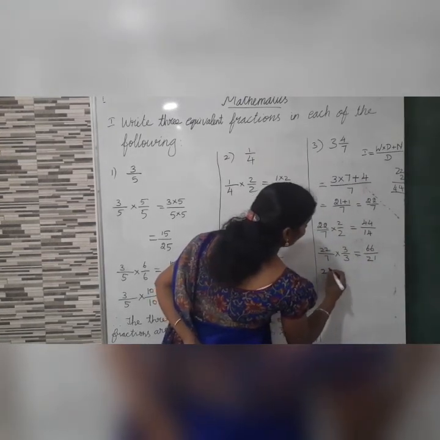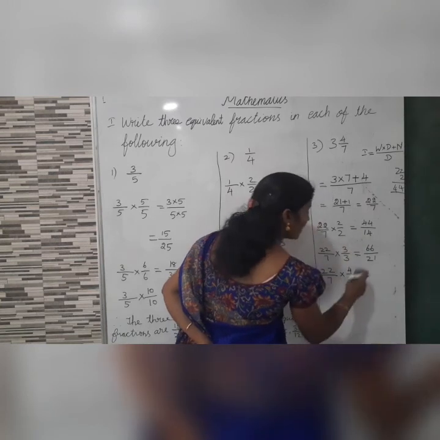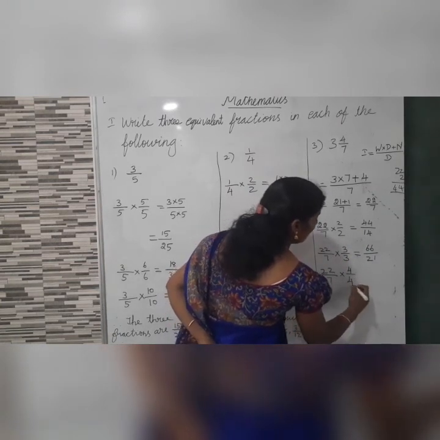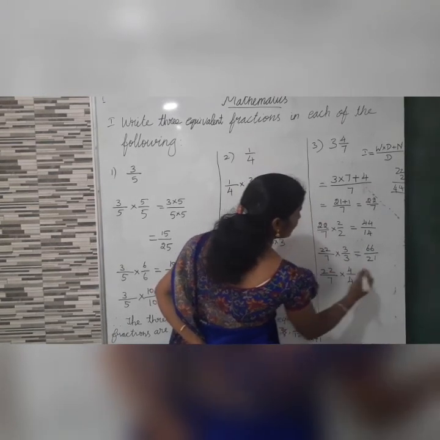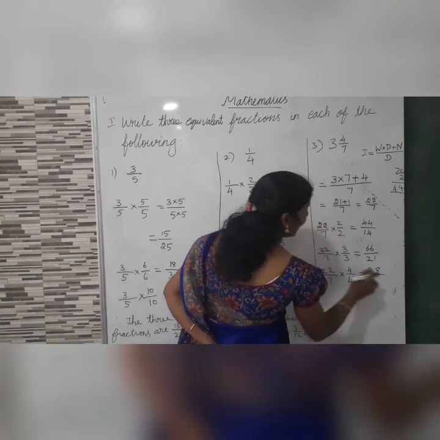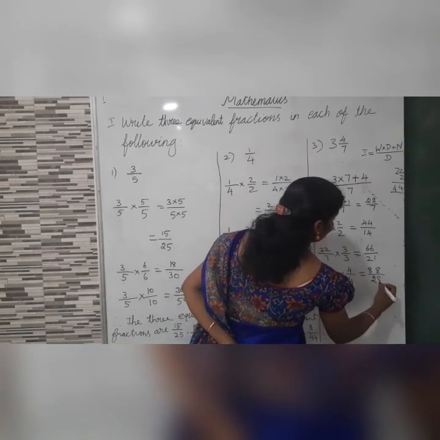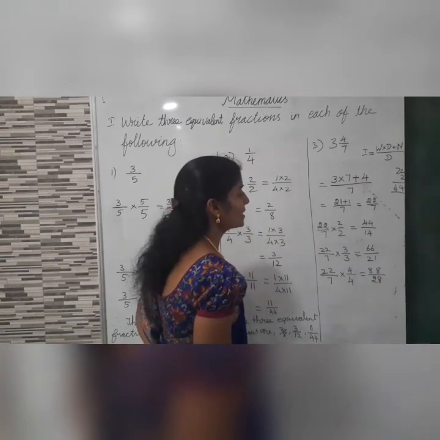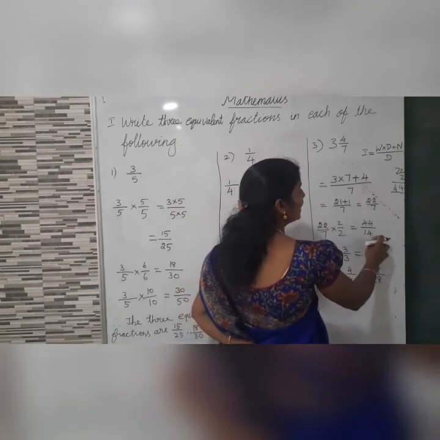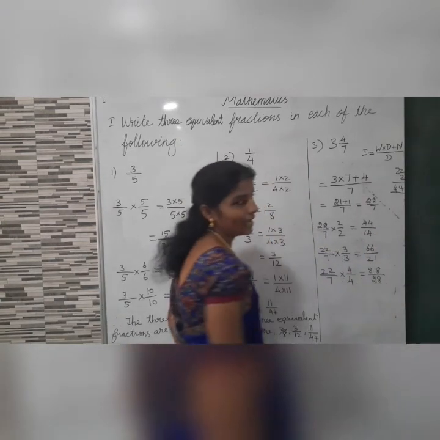Then third one, 22 by 7 into 4 by 4. A continuous number also we can take, no problem. 22 into 4 is 88, divided by 7 4s are 28. Now what are the equivalent fractions? 44 by 14, 66 by 21, 88 by 28.